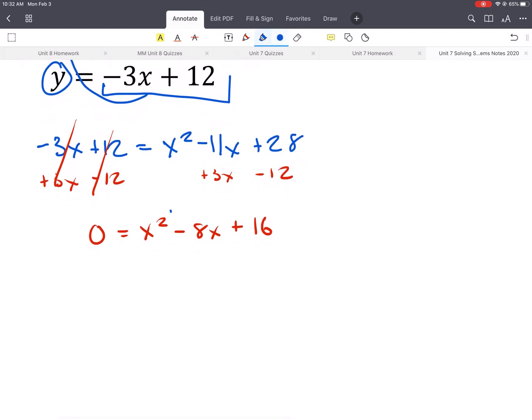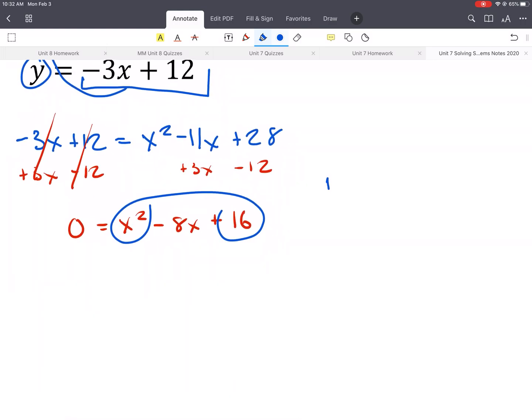And then I would suggest seeing if we can factor. So 16 times x squared, and the factors add up to give us negative 8x. That would have to be negative 4x and negative 4x. So we can rewrite that as x minus 4 and x minus 4.